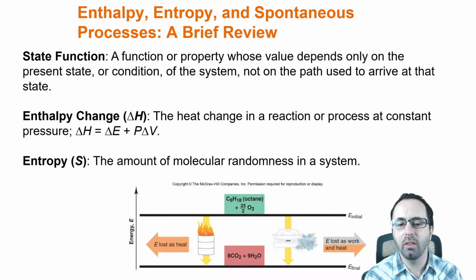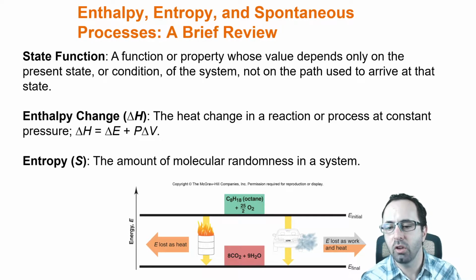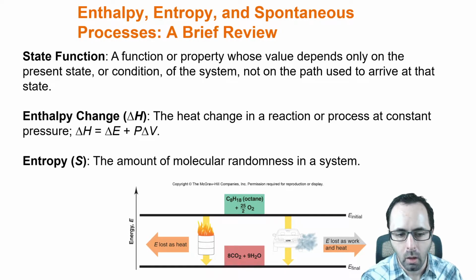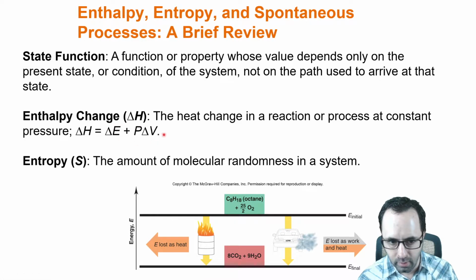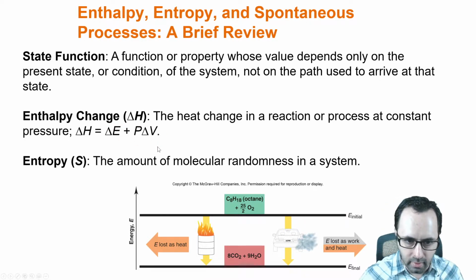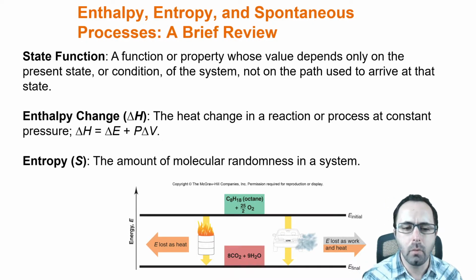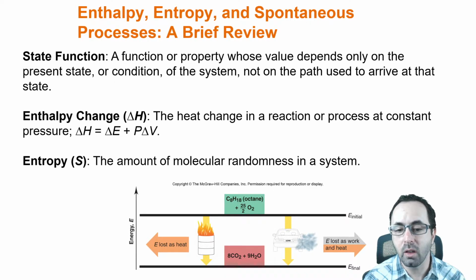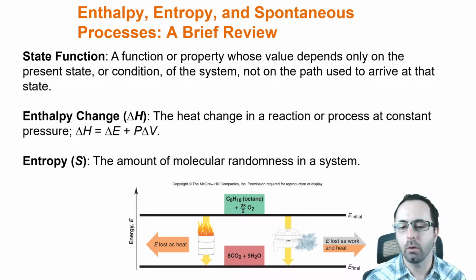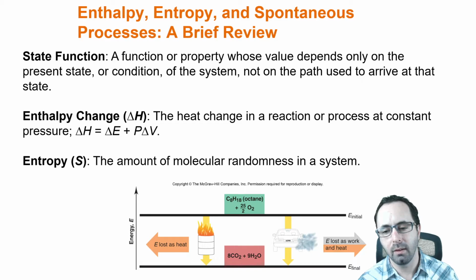And so enthalpy is defined as the heat change at constant pressure. It can also be defined with this equation here, delta H equals delta E plus P delta V. Now, entropy is a different state function. This is a measurement of the amount of molecular randomness in a system.